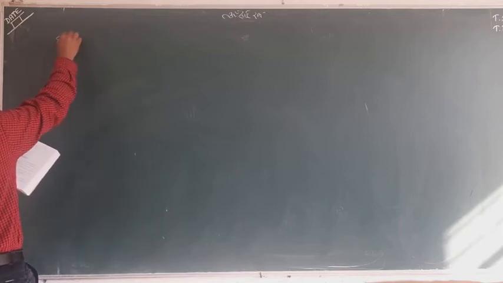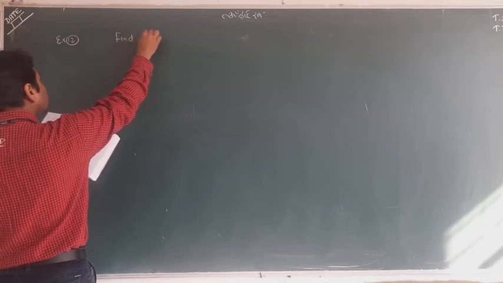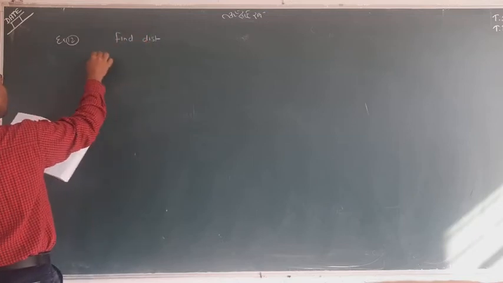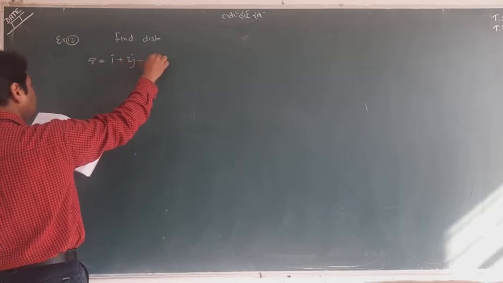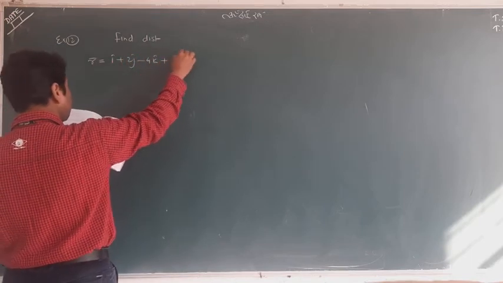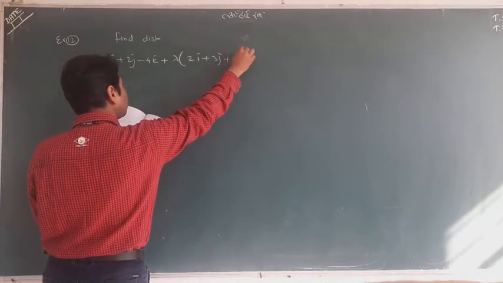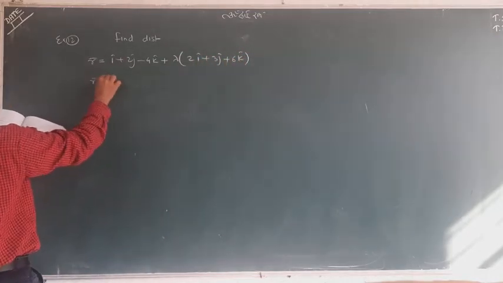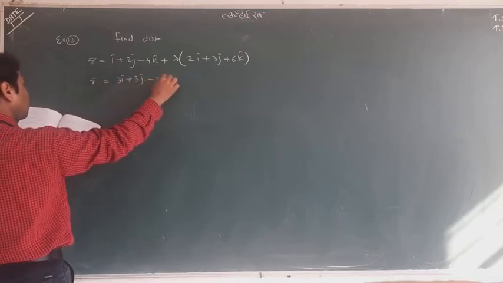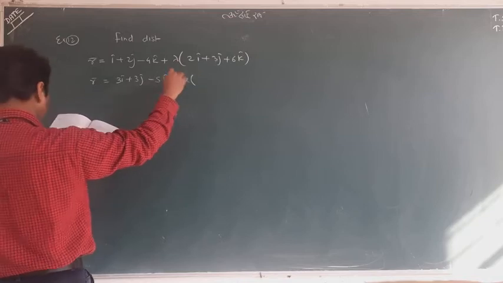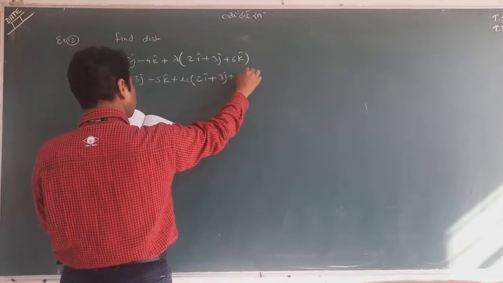Find the distance between r = i + 2j − 4k + λ(2i + 3j + 6k) and r = 3i + 3j − 5k + μ(2i + 3j + 6k).